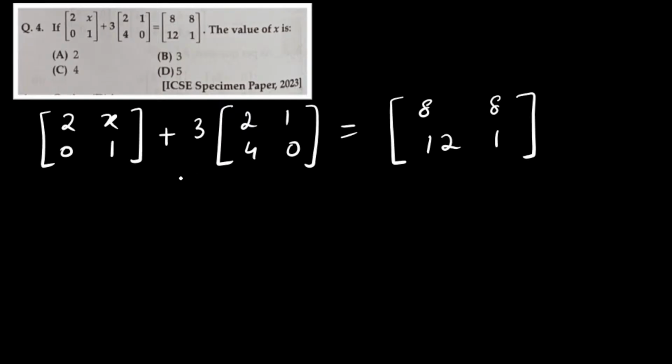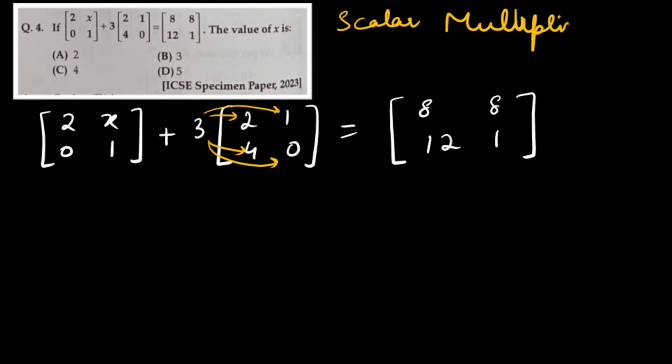Now here two matrices we have to add, but before adding you have to see that a 3 is written outside. When 3 is written outside, like bracket multiplication, this 3 will get multiplied with each and every element of the matrix, and this type of multiplication is known as scalar multiplication of matrices.